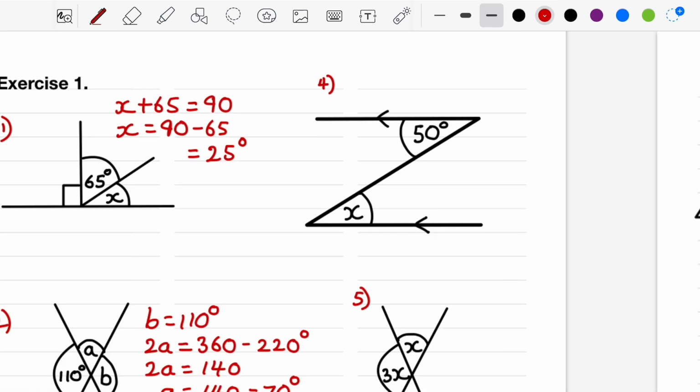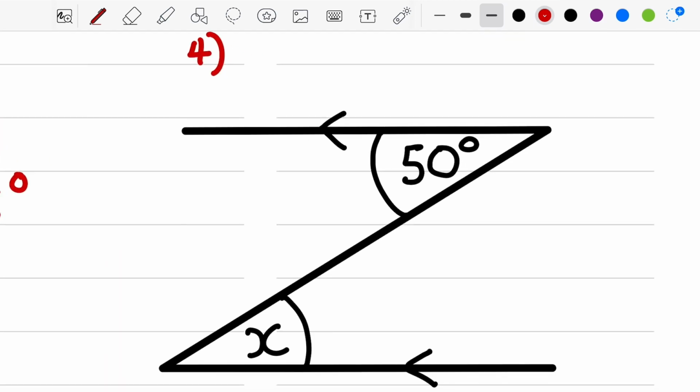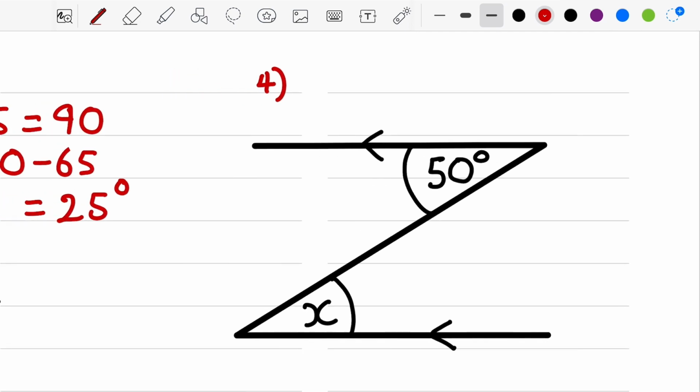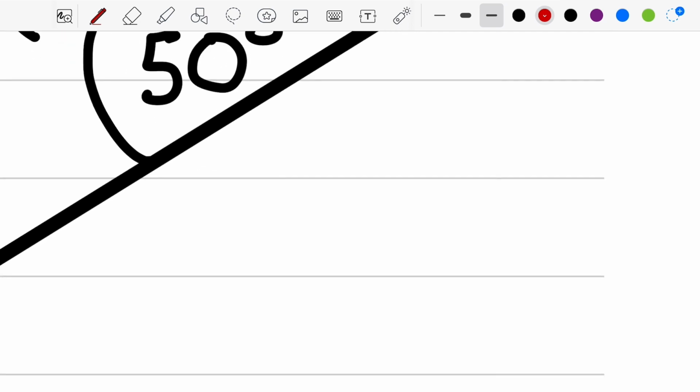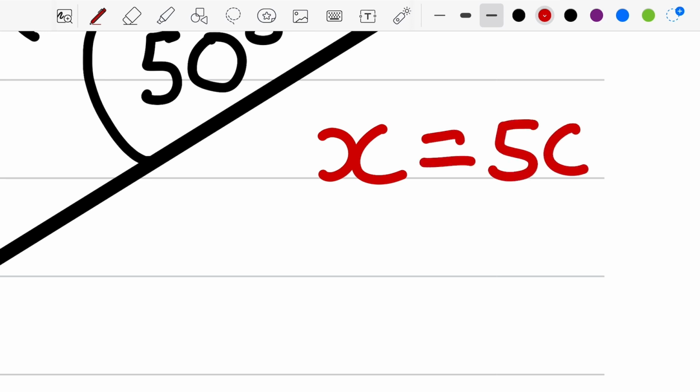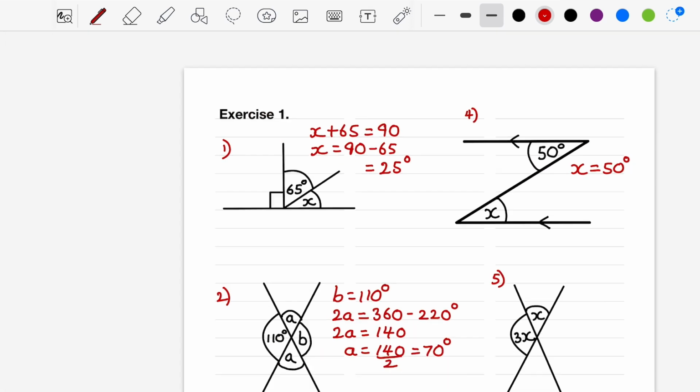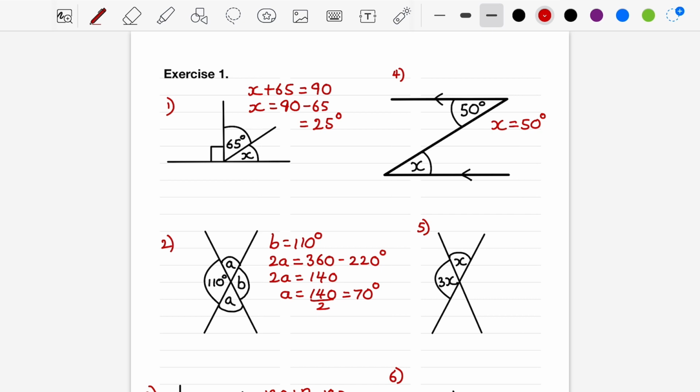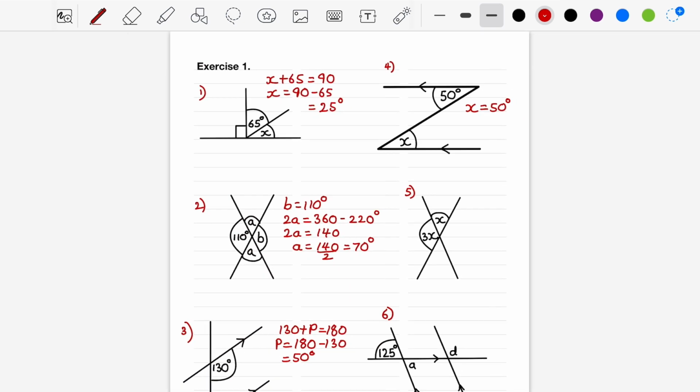Number 4, alternate angles. So this line here is parallel to this line, so this angle will be equal to this angle. Right, number 5 and number 6, we can't do that. However, we will build up to that level of complexity.